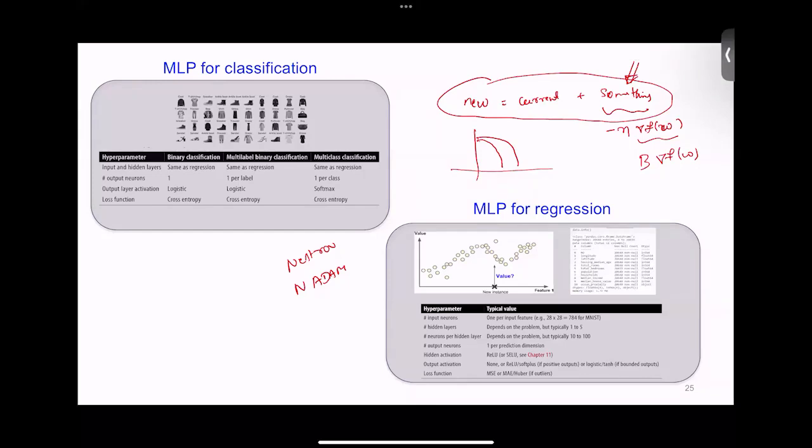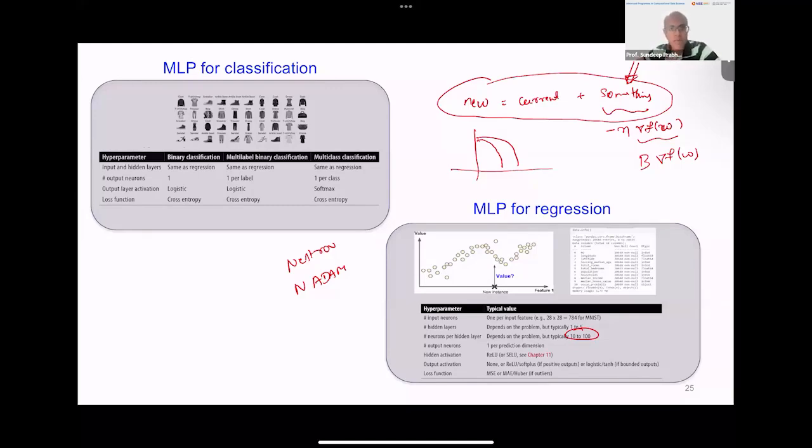Also, Professor, one more clarification. I didn't understand properly: how do we decide how many hidden layers we need? Whatever numbers you're seeing here are based on experience from a lot of experiments that people have tabulated.